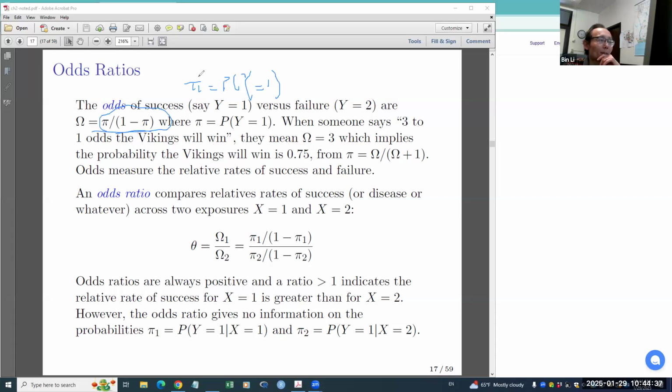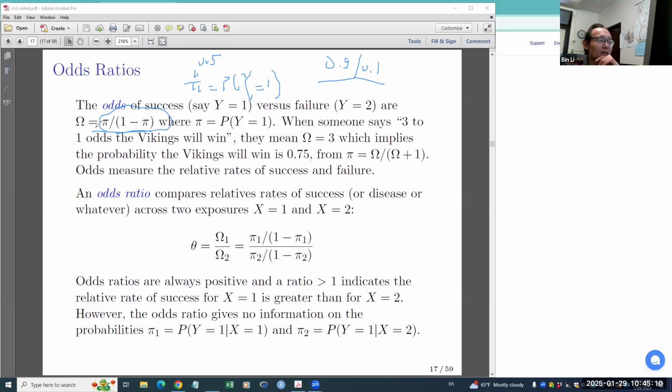If pi is 0.5, we have 50% chance to be successful, so the odds will be 1. But what about 0.9? Then the odds will be 0.9 over 0.1, which is 9. So the odds will be 9.